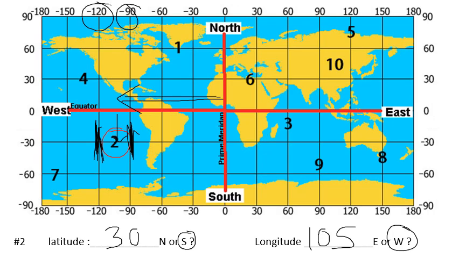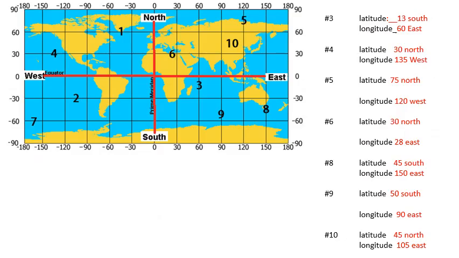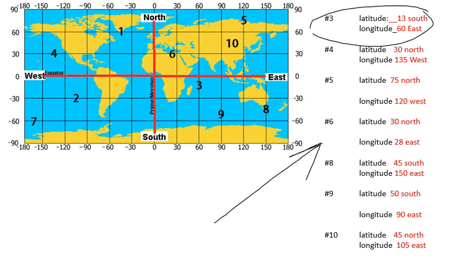Now, some of you get this real easy, but here's that sample map. If you kind of want to self-practice here just a little bit, look at the values that I've got over here and look where they are on the map and see, does that make sense? For example, number 3, I said 13 south, because here's number 3.